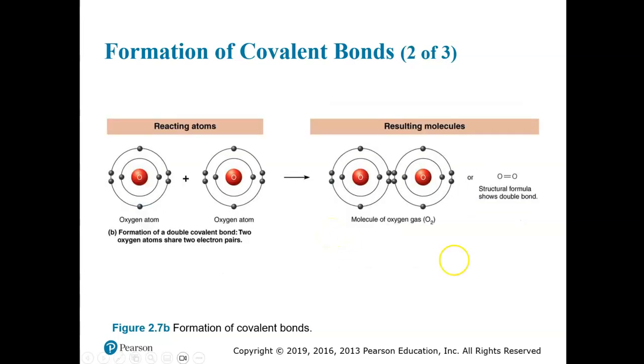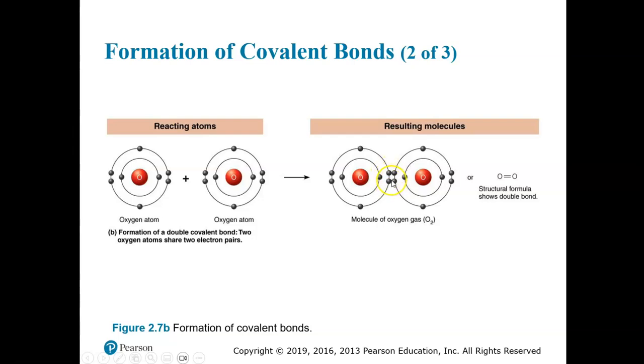Oxygen gas, or O2, is another nonpolar covalent molecule. So what you have is each oxygen atom has 6 valence electrons, so it will share 2 with the other oxygen atom.